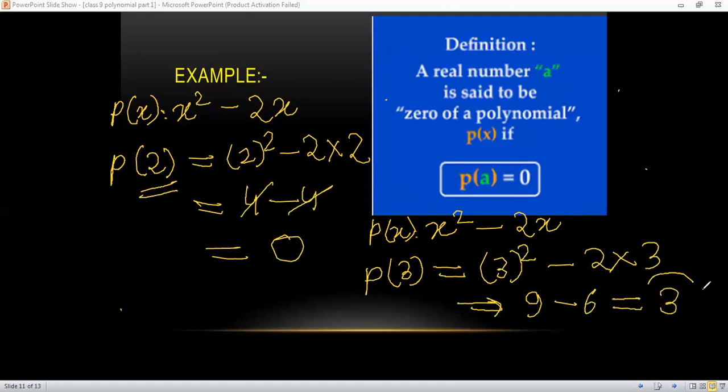So when I put 3 at the place of x, I didn't get 0. But when I place 2 for x, I get 0.